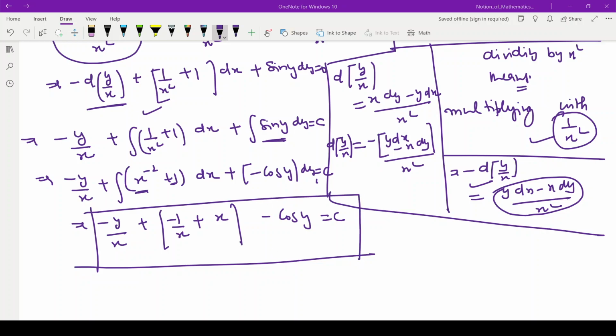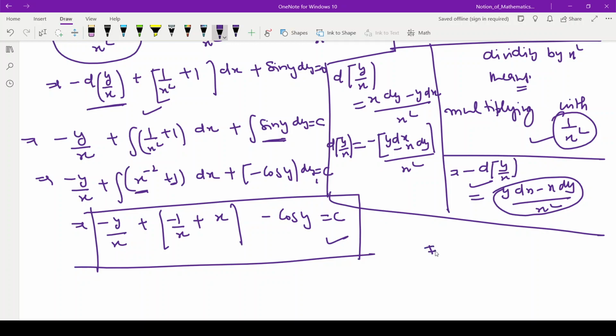So students, in this particular question we have obtained minus y upon x plus x minus 1 upon x minus cosine y is equal to constant. So this particular answer we have obtained by the inspection method.